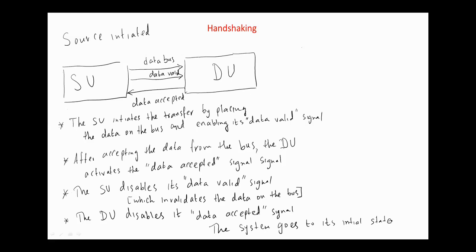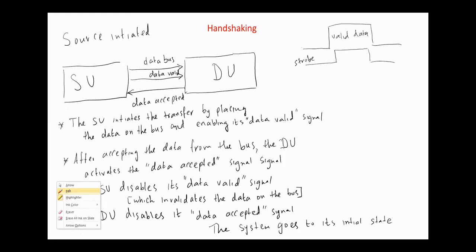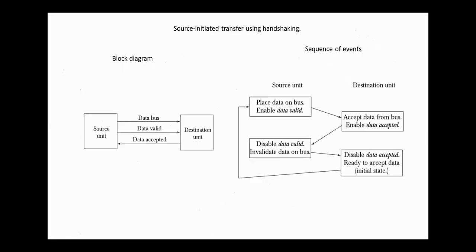Here you can consider the timing diagram. First, the data is placed on the bus. The strobe is initiated from the sending end. And after receiving the data, the destination unit initiates the data accepted signal.